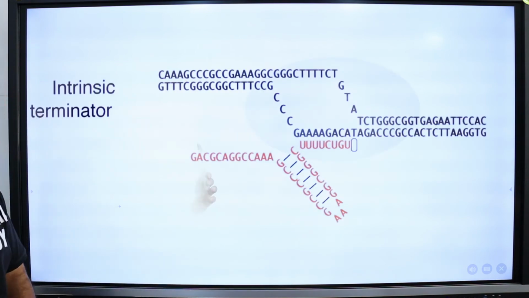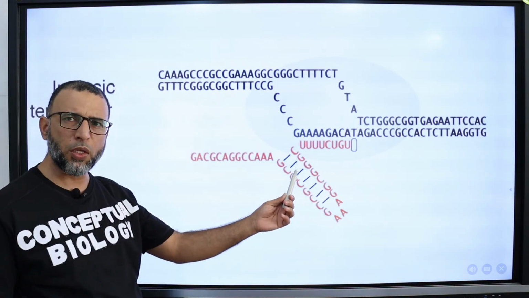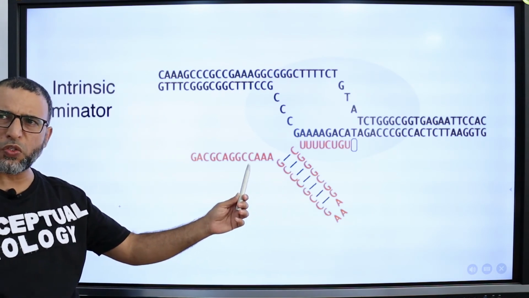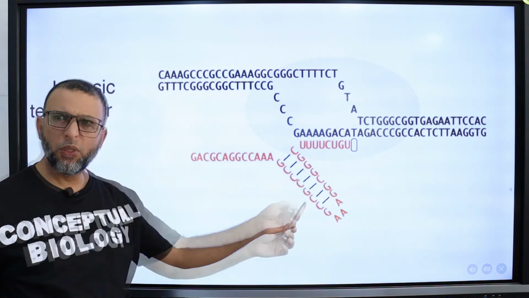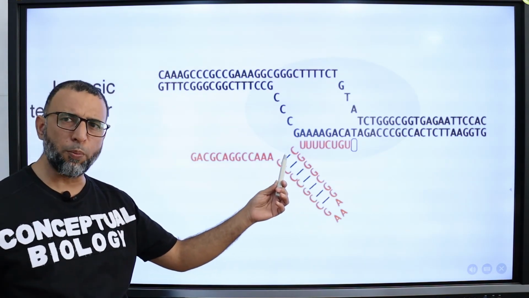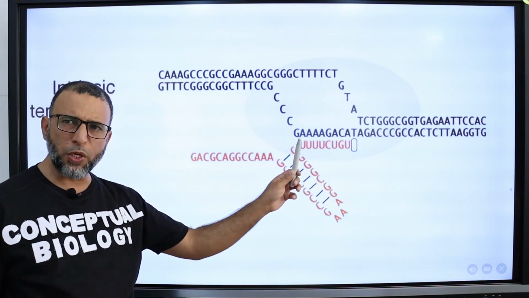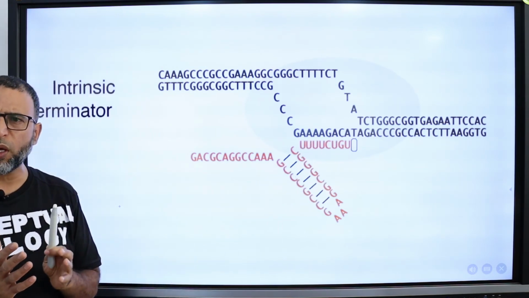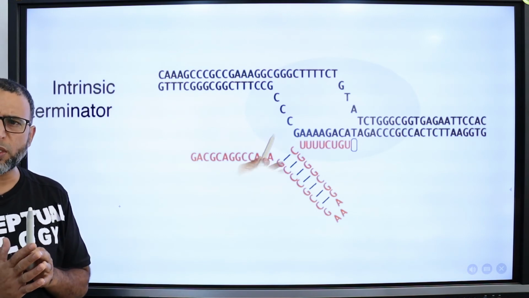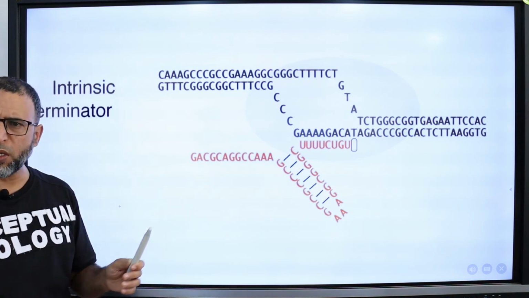messenger RNA. When the termination process begins, the mRNA molecule forms a stable secondary structure that is called a hairpin loop. This hairpin loop is followed by multiple uracil nucleotides, and the bonds between uracil and adenine nucleotides are very weak, and the hairpin loop structure causes the RNA polymerase to temporarily stall.